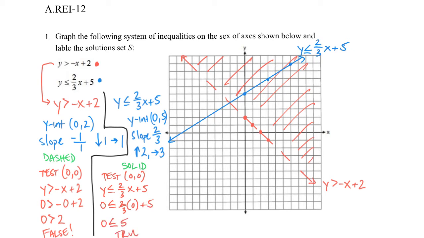That's true. So here is my point that is in the solution set, so I need to shade this side. And to find the solution set, because it says label the solution set S, remember the solution set is where they cross. So that's going to be all this right here. That's S.